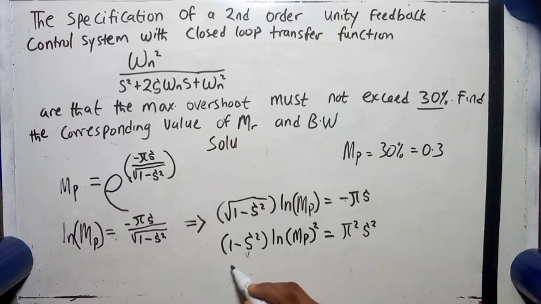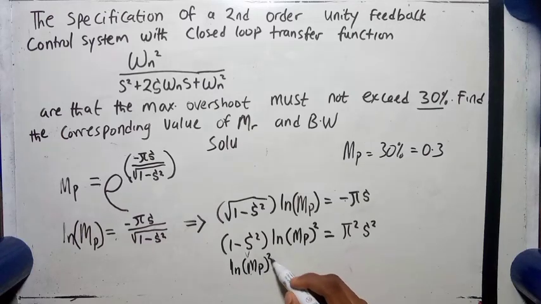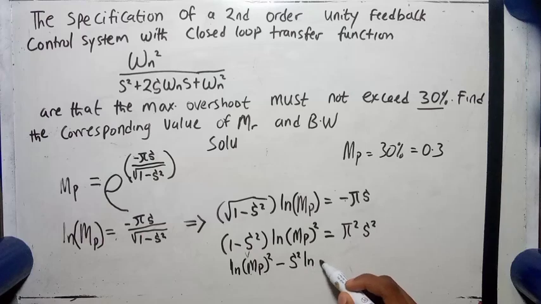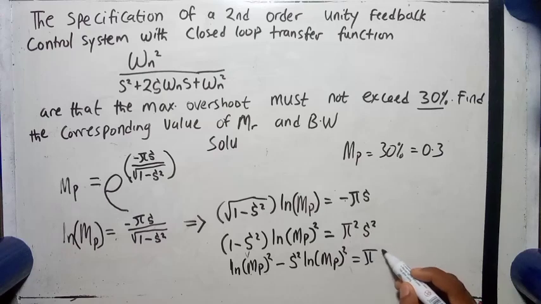Opening the bracket, you're going to have natural log of MP squared minus zeta square natural log MP squared is equal to pi square zeta square.